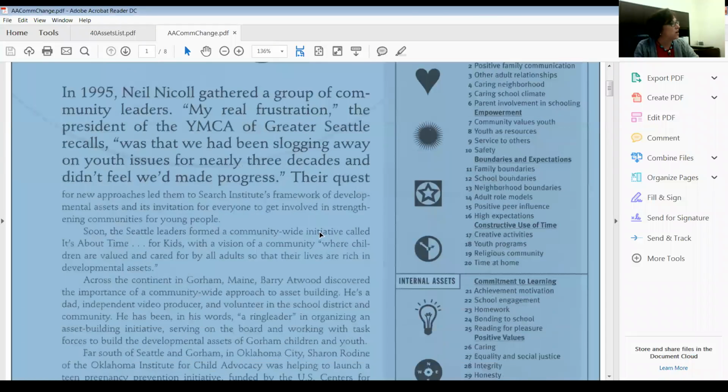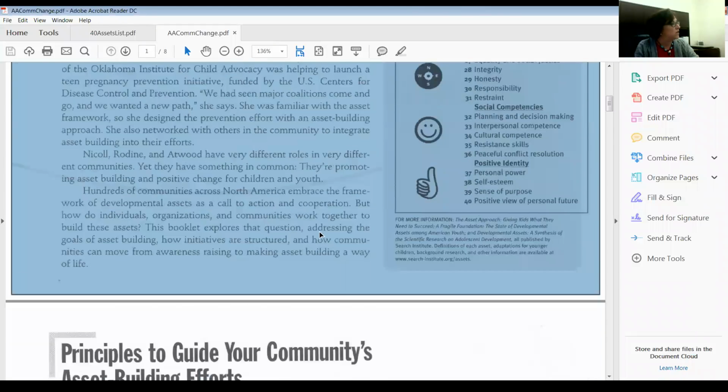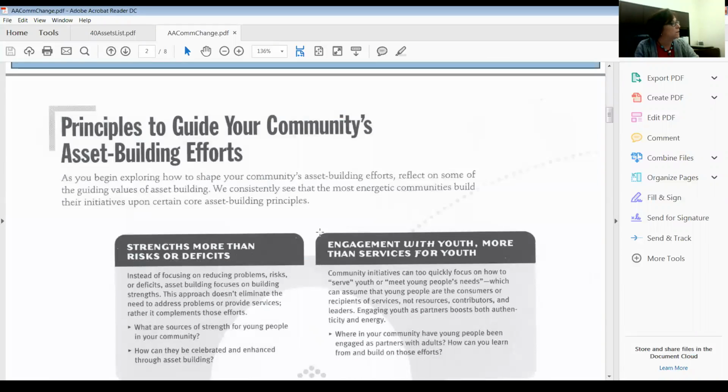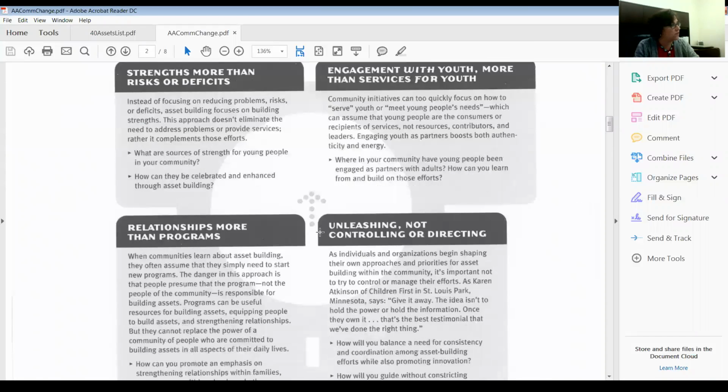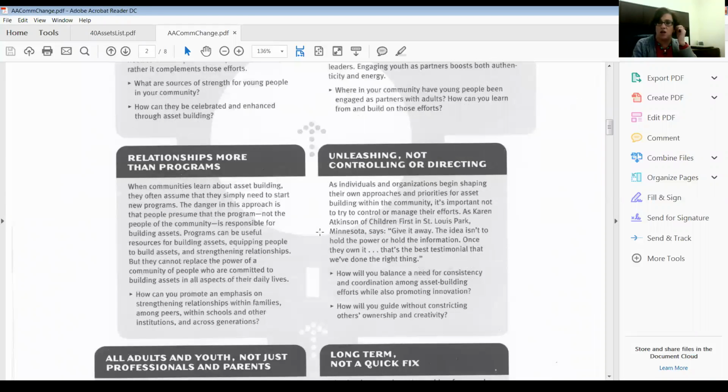Again, it talks about being in a community and what you can do, and these are great if you're involved in a youth community coalition. If you've got a group within your community that gets together and talks about issues of young people in that community, or all the youth serving organizations come together, then this is a great way to do that.